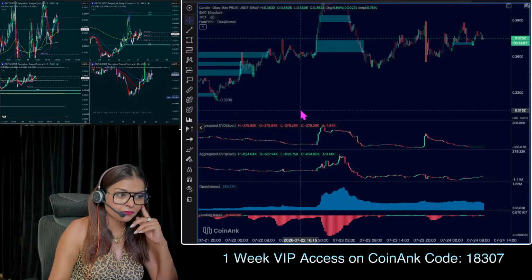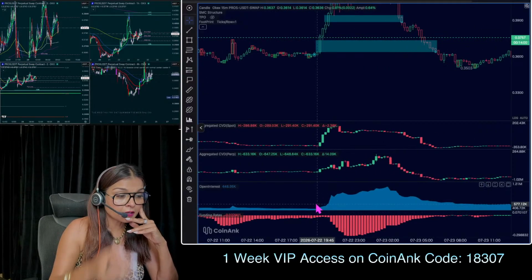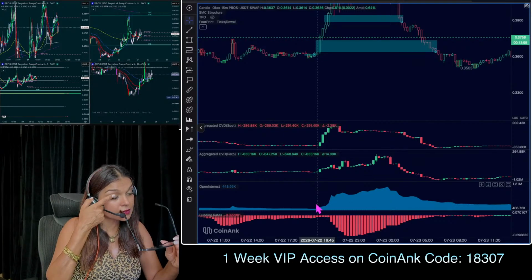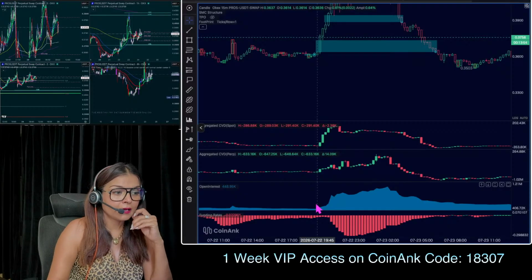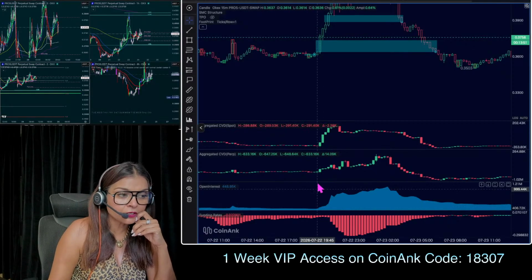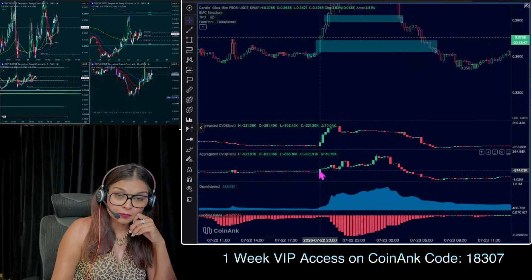When you see negative funding and you see open interest spiking, like over here, for example, with the open interest spiking you can see with the cumulative volume delta that longs are being opened.